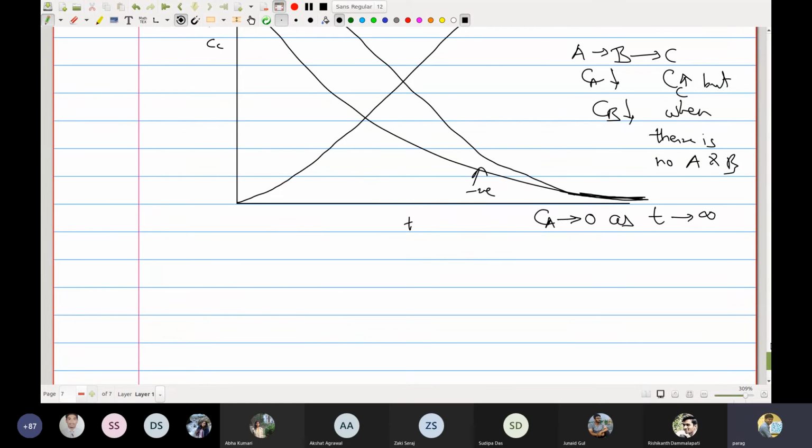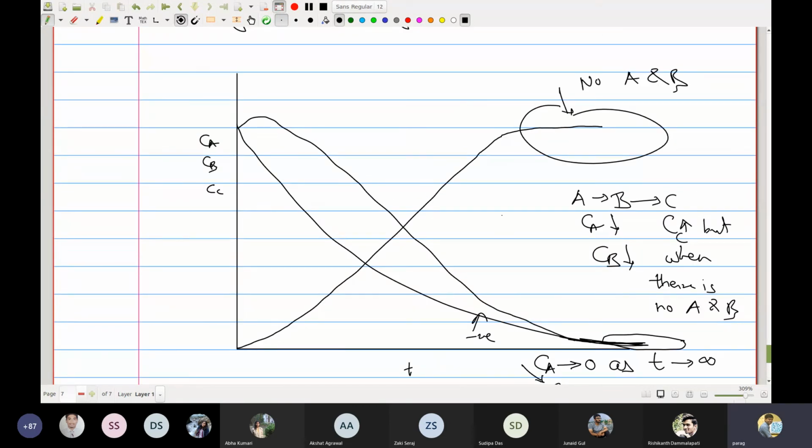Okay, but what about C? See, C becomes equal to C final, exactly equal to C final, and then it remains there, right? Small changes come from Ca and Cb, obviously, because Ca, Cb are asymptotic.